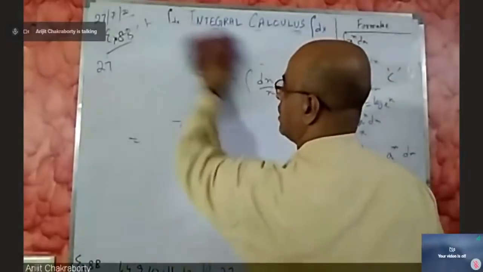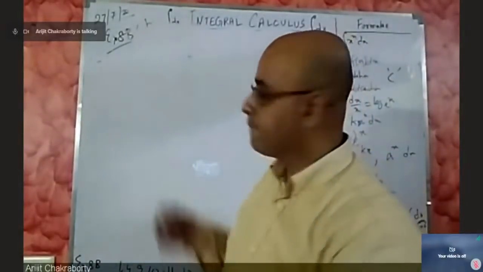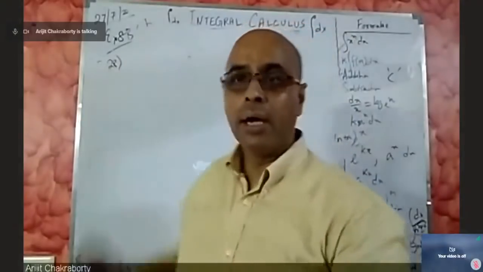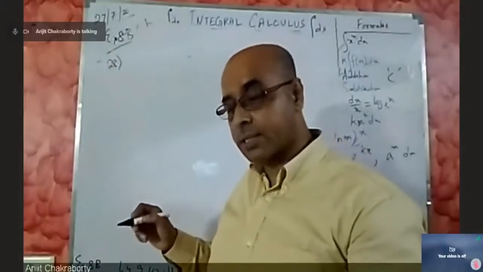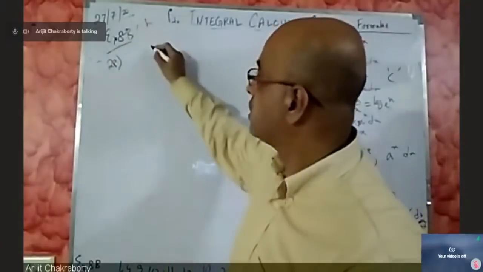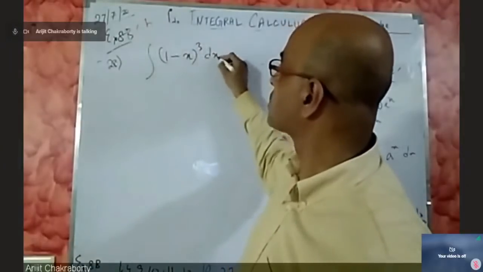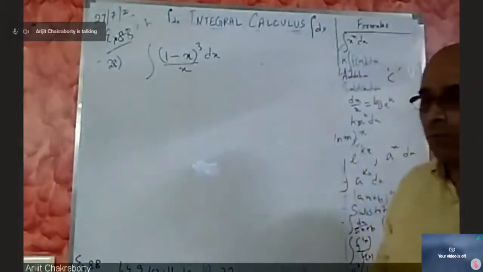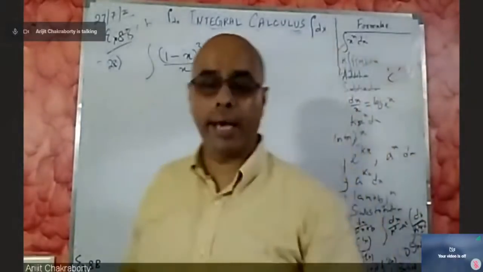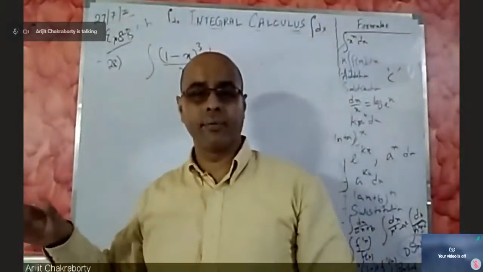Question number 28 of the study material, exercise 8b. The question is integrate 1 minus x cubed by x, so 1 minus x cubed dx by x. Please check it carefully. We expand the numerator straight away.